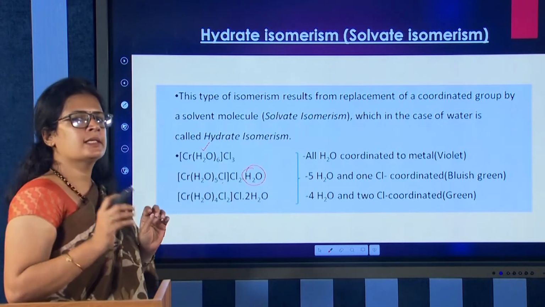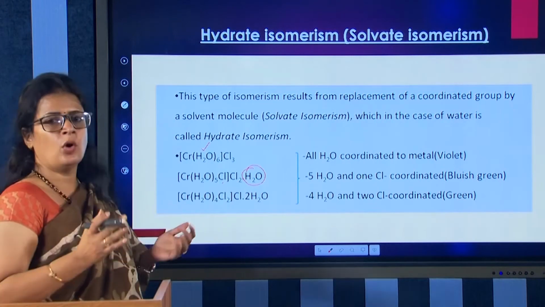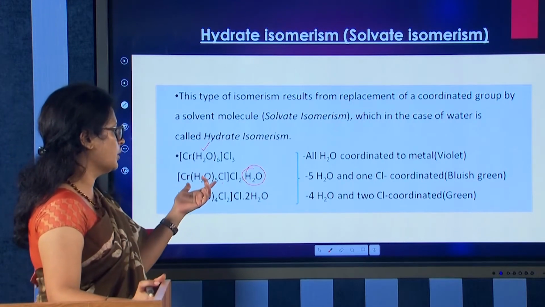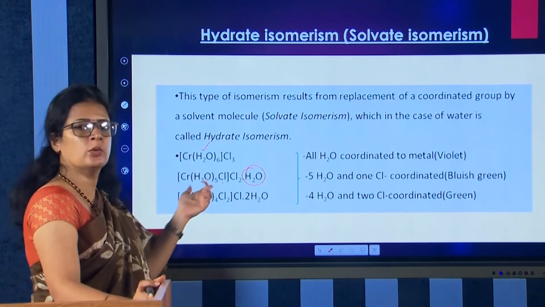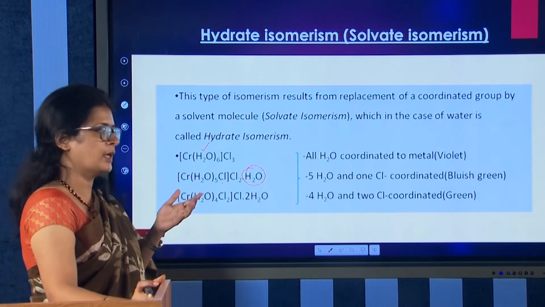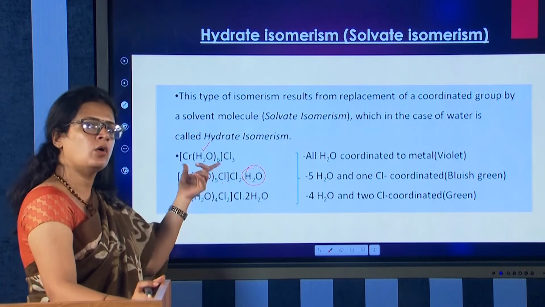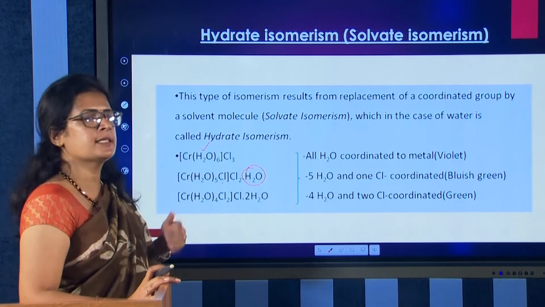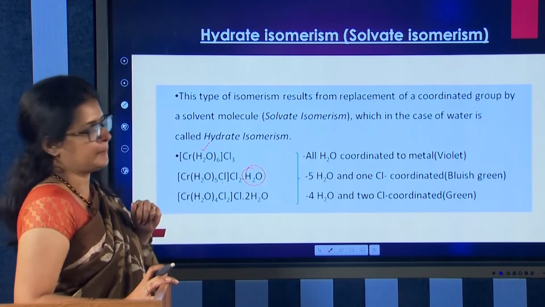The color of the complex is bluish green, a different complex. But altogether, you can see 6 H2O molecules are there, 5 plus 1, and 3 chloride ions are there, but both complexes are different. One has a violet color, the second has a bluish green color.